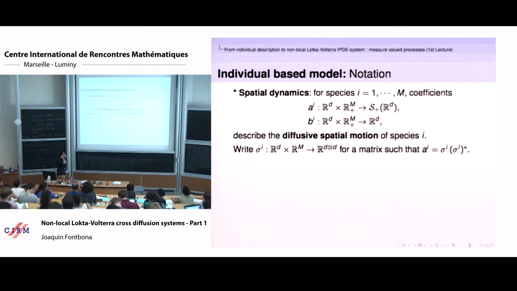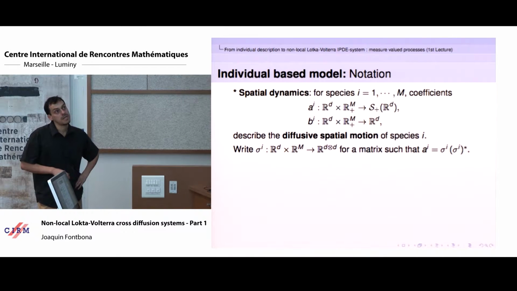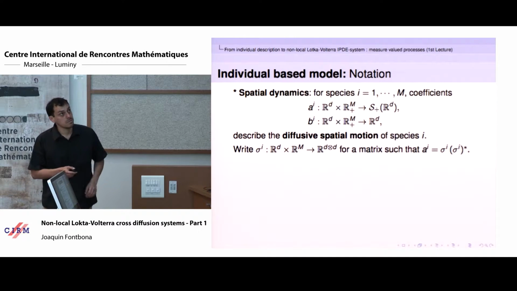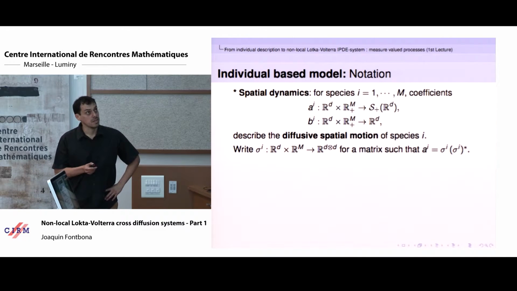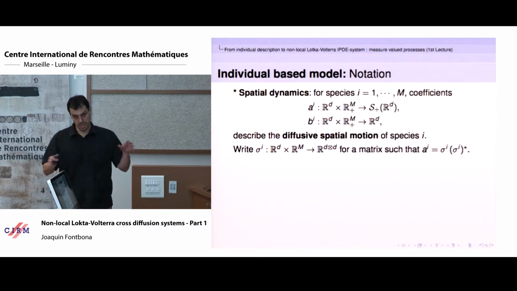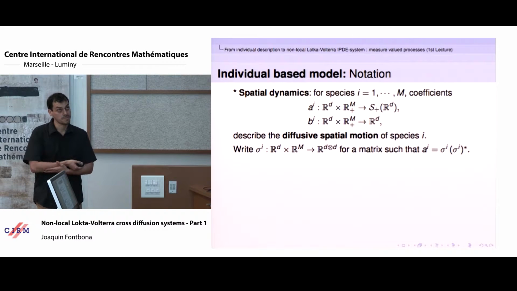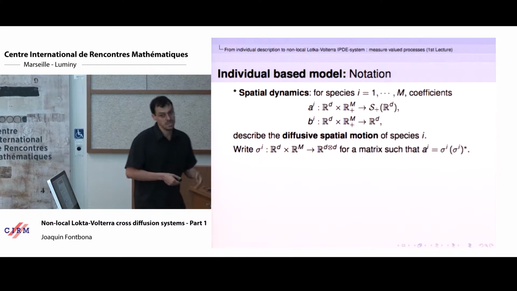Okay, so let me introduce some notation for our model, and let's start with the spatial dynamics. Using these objects, I would like to describe the spatial behavior, the displacements, of the individuals of each species.